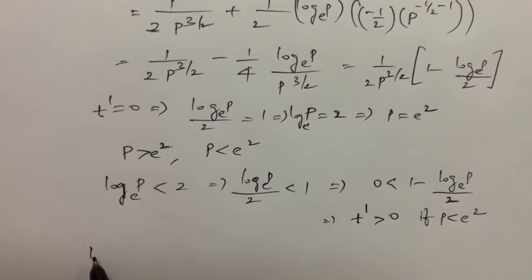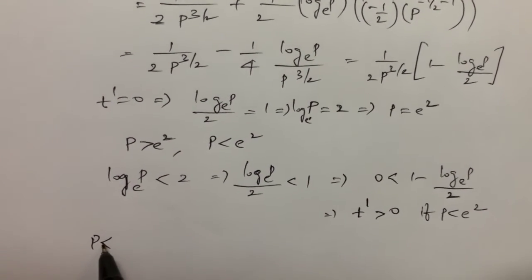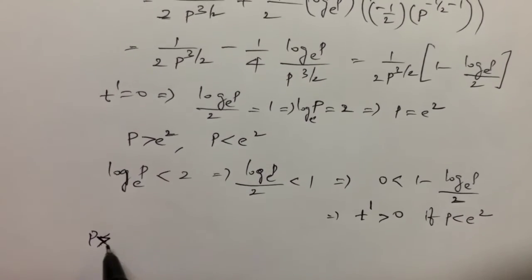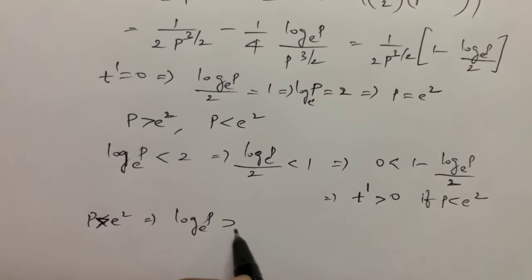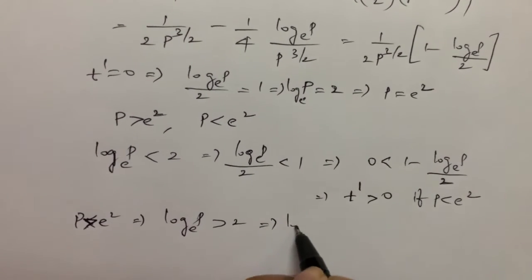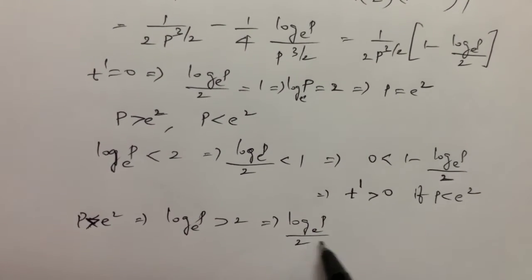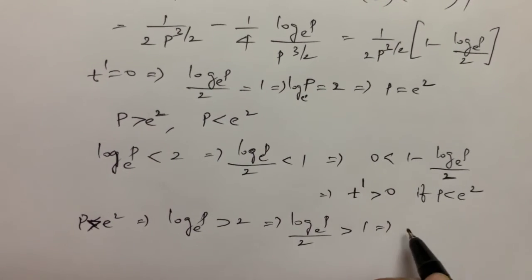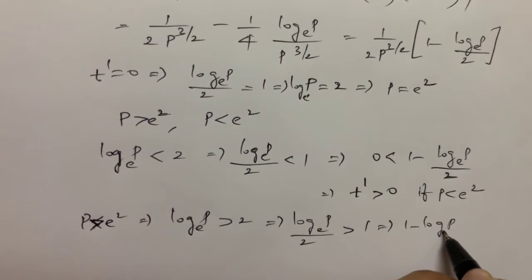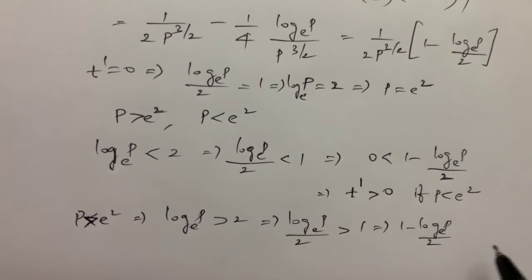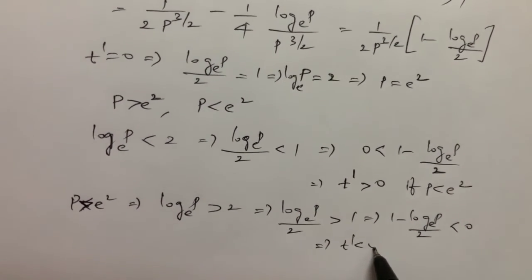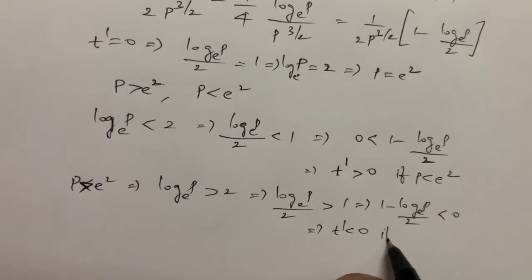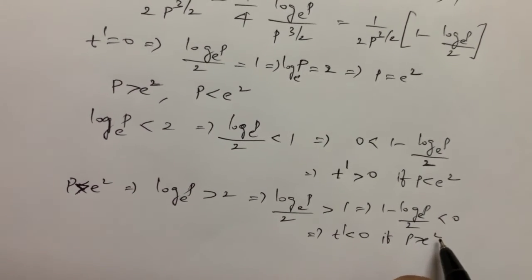If p is greater than e square, log p to the base e is greater than 2, so log p to base e by 2 is greater than 1. So 1 minus log p to the base e by 2 is less than 0, so t dash is less than 0 if p is greater than e square.